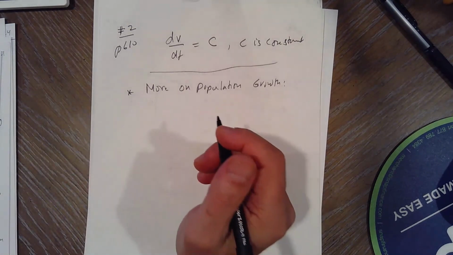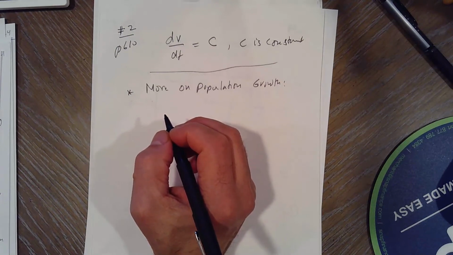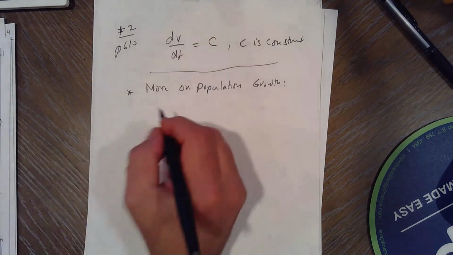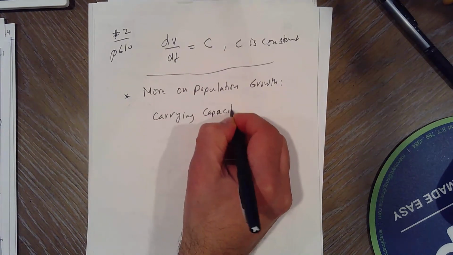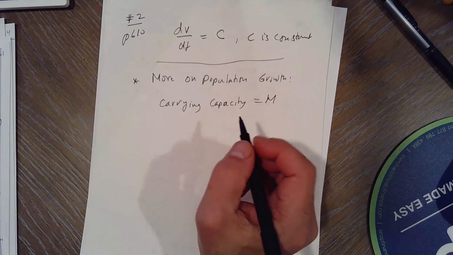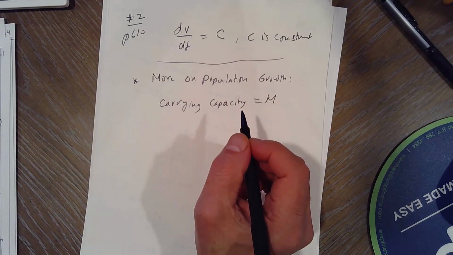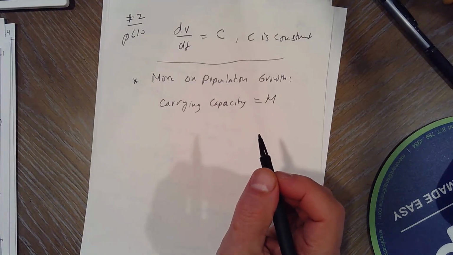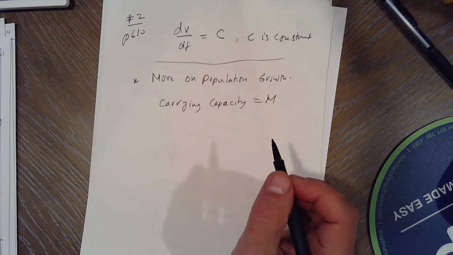So many populations start to level off when they approach their carrying capacity M, or decrease toward M if they ever exceed M. Sometimes it goes a little bit over it and then comes down. Other times it never reaches it, then it comes down.